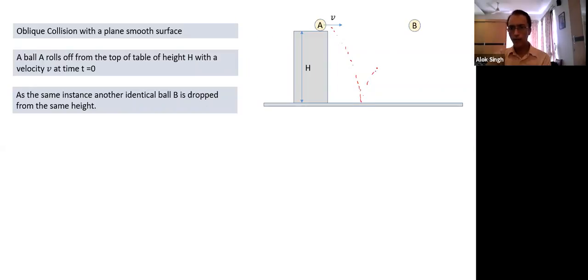At any particular time t, ball A is here. Can you figure out where ball B would be at the same instant? If I click a picture at time t, where would ball B be?